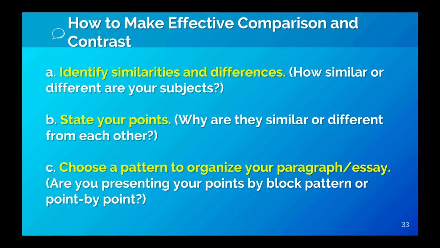And choose a pattern to organize your paragraph or your essay, because we are looking at both the similarities and the differences. Therefore, you should expect that your paragraph will be quite filled with information. So you have to think of how you are going to put the similarities and the differences in your paragraph. You can use this pattern.